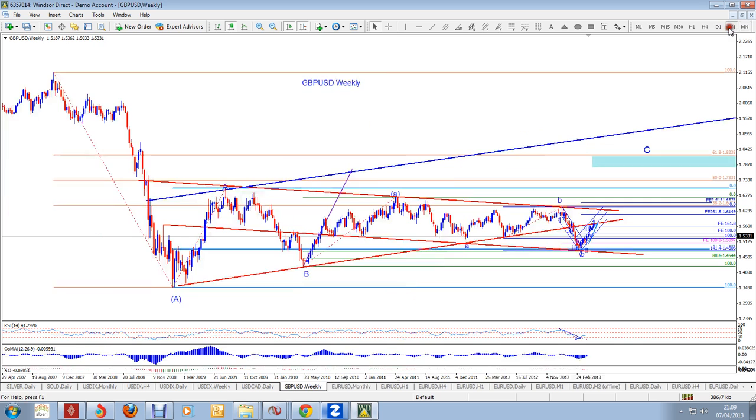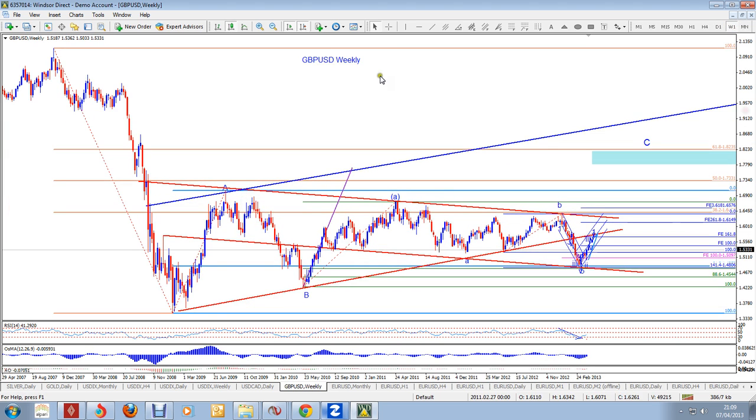So in the meantime, if you're looking at this here on a weekly chart, we've got ABC up to give us capital wave A. Then I think what we've got is we have potentially this one as an A.